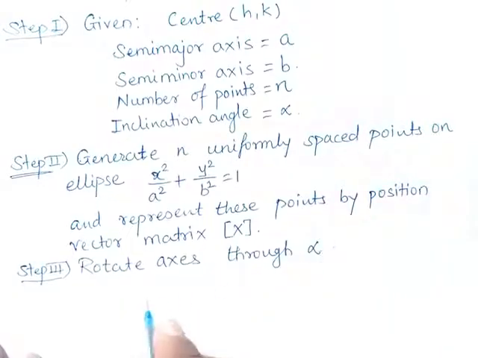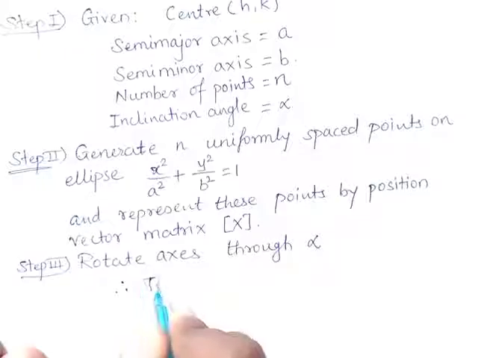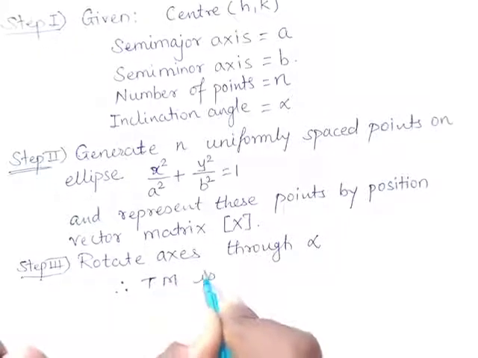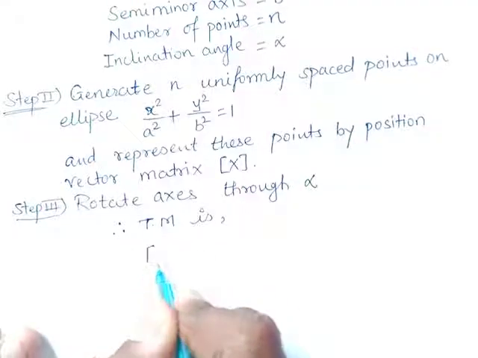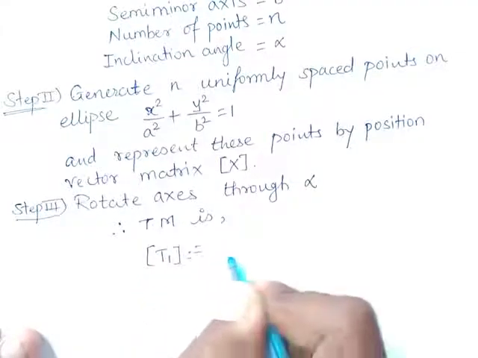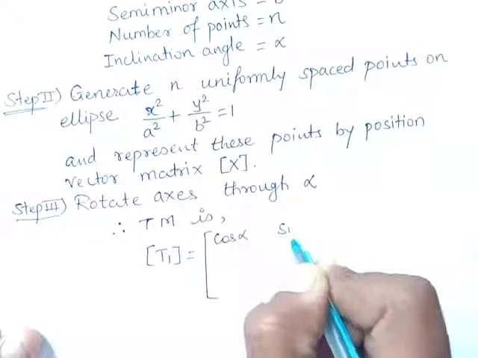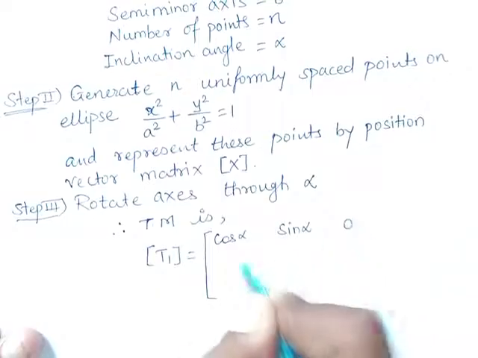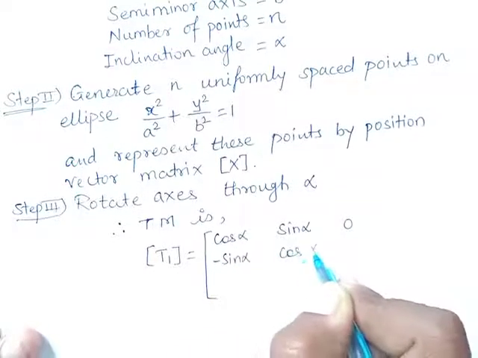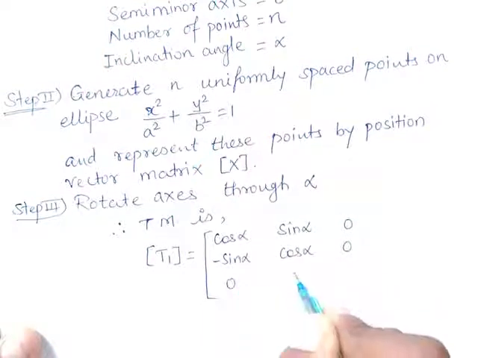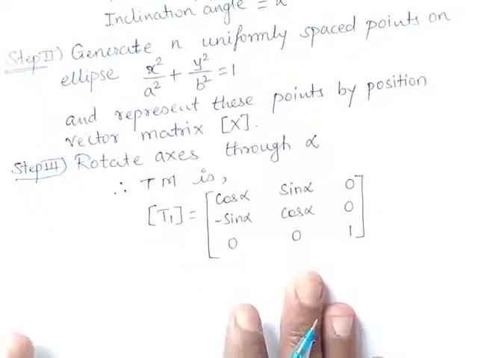Therefore the transformation matrix, T1 suppose, is: cos alpha, sin alpha, 0; minus sin alpha, cos alpha, 0; 0, 0, 1. Okay, this one.